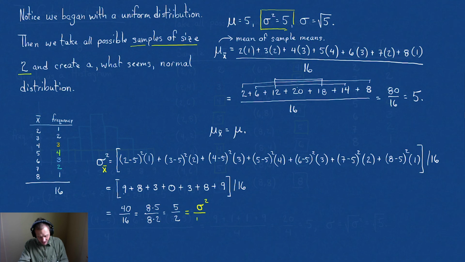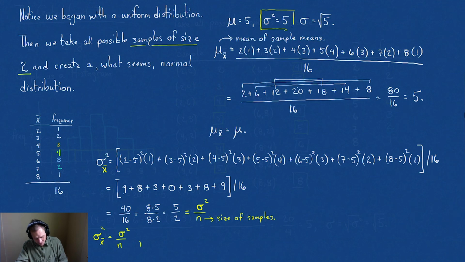And so we say that's n. N is the size of the sample. Whoa, so there it is. So the variance of the sample means is equal to the original variance divided by the sample size.